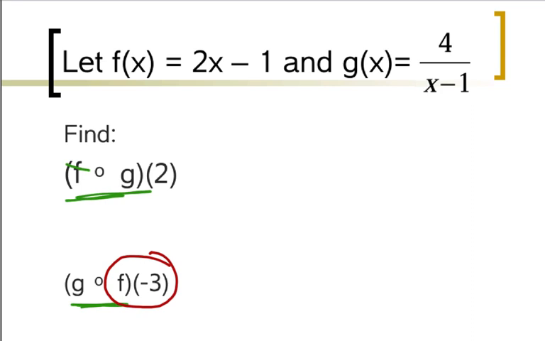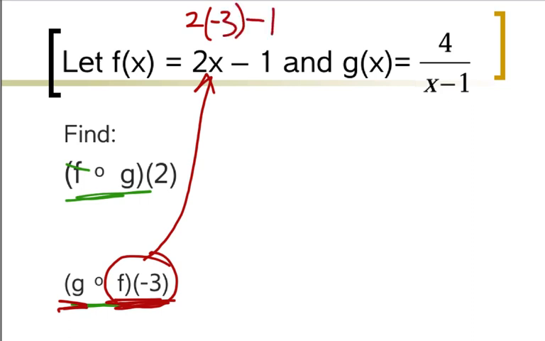Hopefully not. But we have f of negative 3. That's where we start. So we're supposed to do g of f of negative 3. Take our negative 3 and plug it into the f equation first. So we have 2 times negative 3 minus 1. That answer is negative 6 minus 1, which is negative 7.